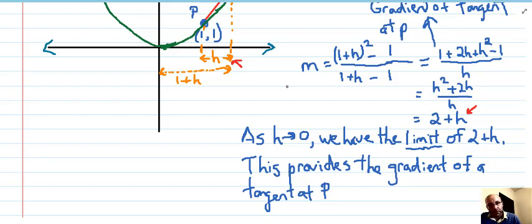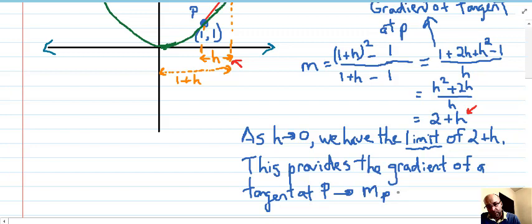As h gets smaller and smaller, it eventually lands at 0, and so the gradient of the tangent at P, or the gradient at P, equals 2. Basically that's as h approaches 0.